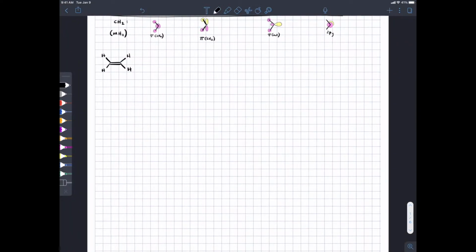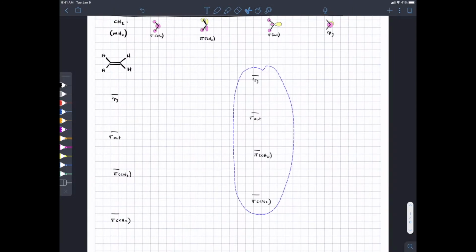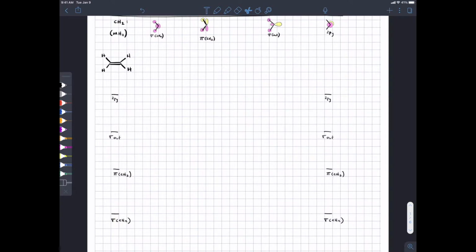But let's say here is the energy level of the sigma CH2, here is the energy level of the pi CH2, here is the energy level of the sigma out, and this is the energy level of the 2py orbital.